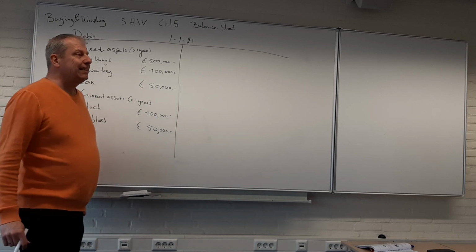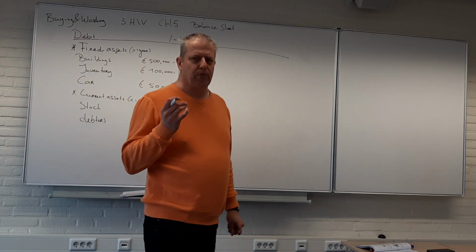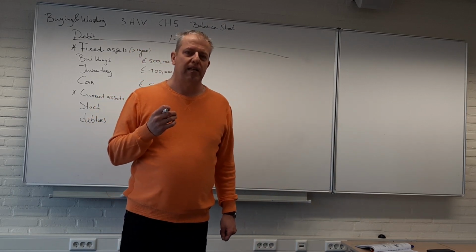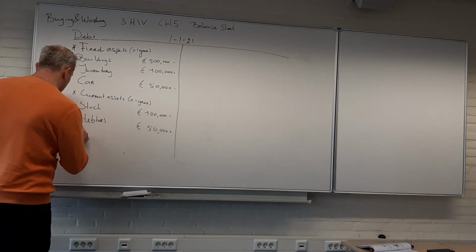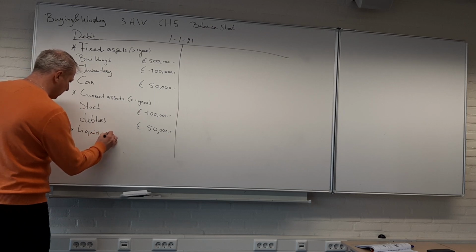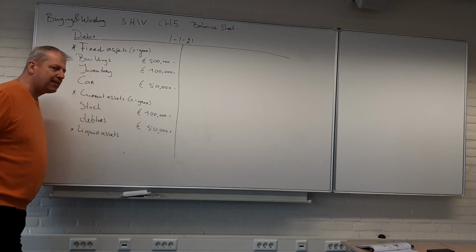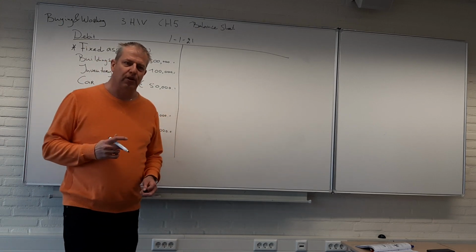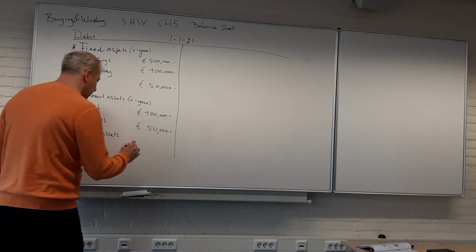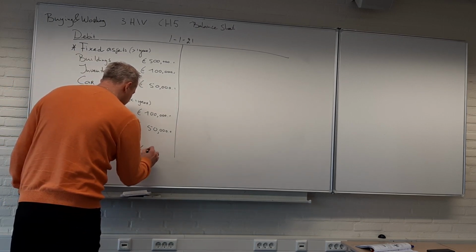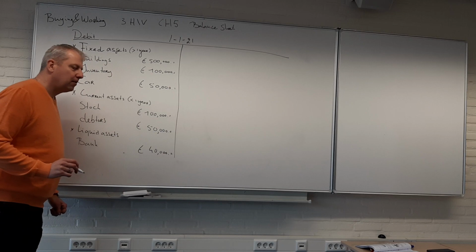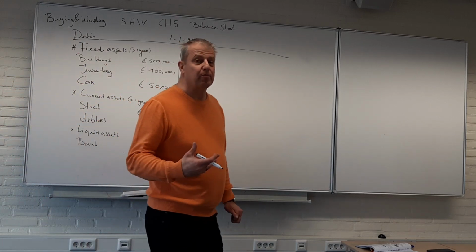Now, the last category isn't really a category because they belong to the current assets, but I'm going to mention them separately anyway, and they're called the so-called liquid assets. Liquid assets are the things that you pay with. So, all the money in the bank, for example. So you can pay with money in the bank. So suppose I have 40,000 euros in the bank, which is not really strange for a company to have that much money in the bank.